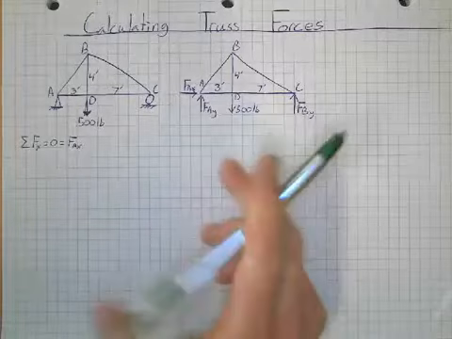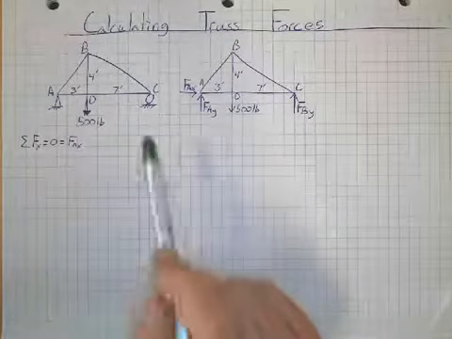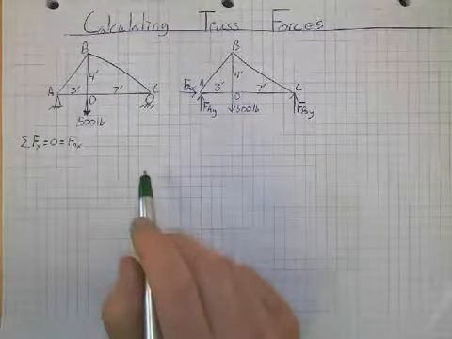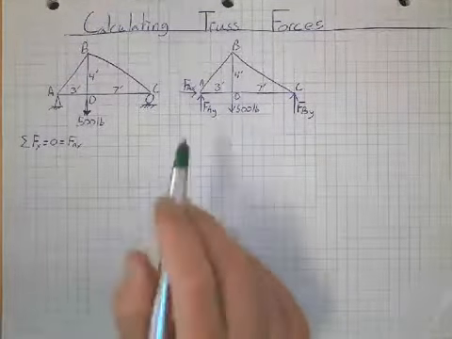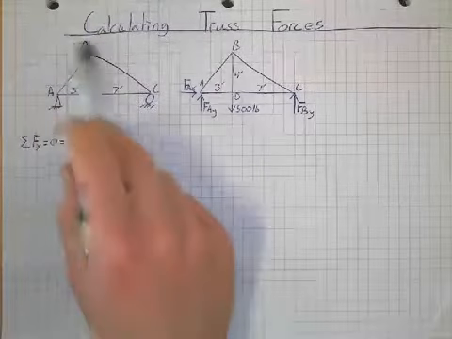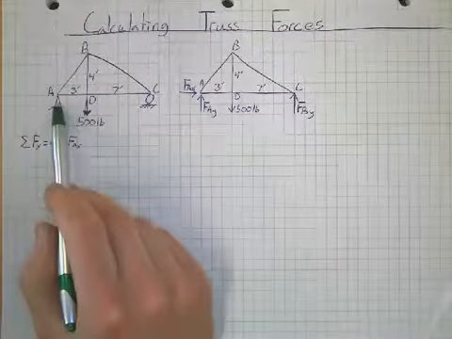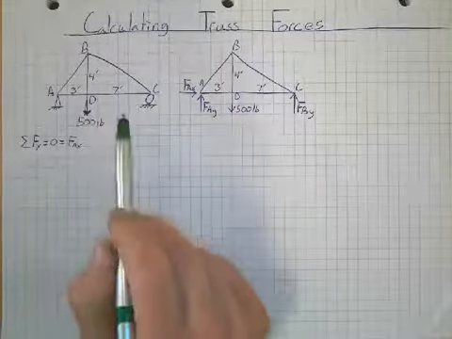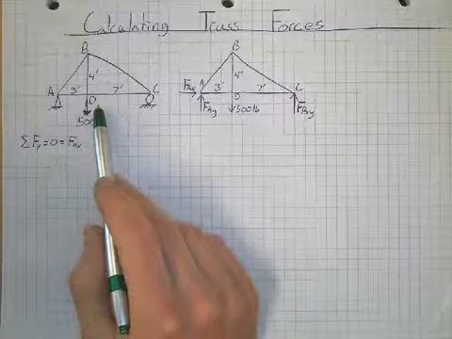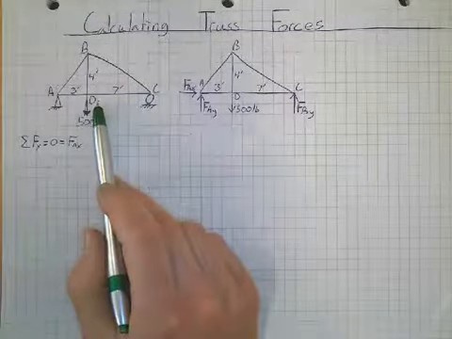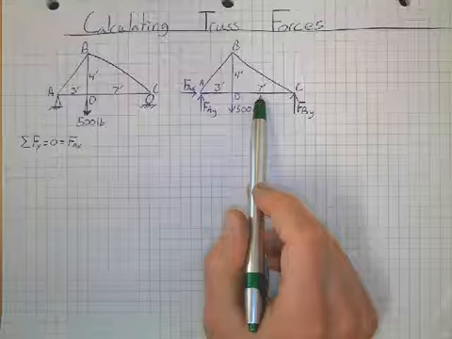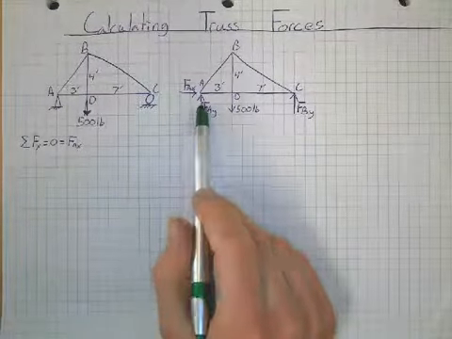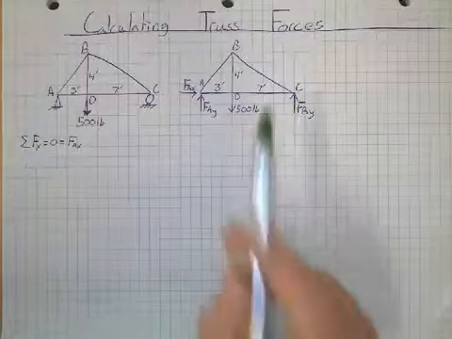So let's jump in and calculate the reaction forces inside and outside of this truss. I have a truss set up right here. It's a pinned connection at point A, a roller connection at point C, and a 500-pound load pulling down at point D. I've drawn a free body diagram to the right, and all I've done is replace my pinned and roller connections with their corresponding reaction forces.